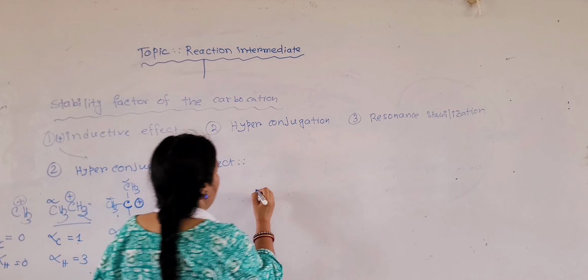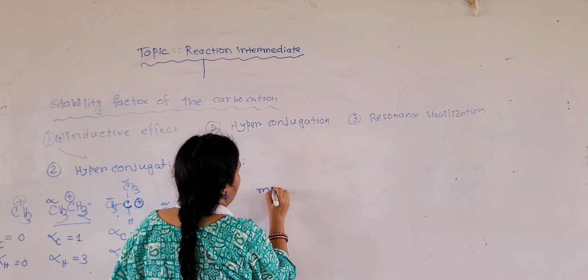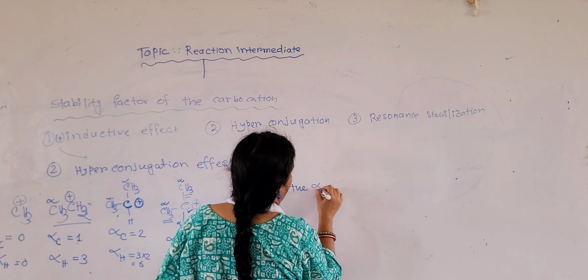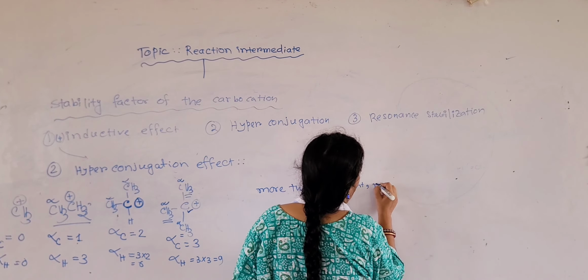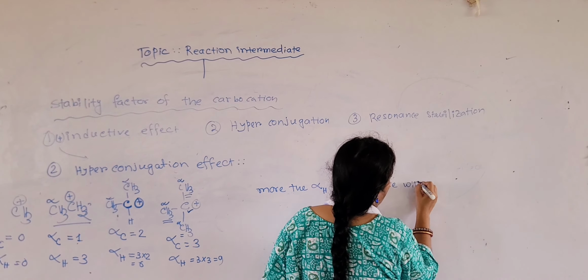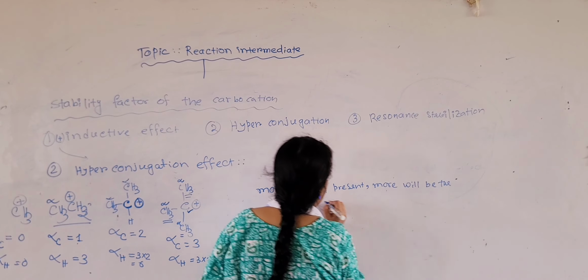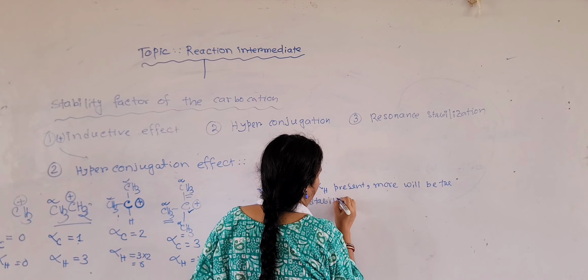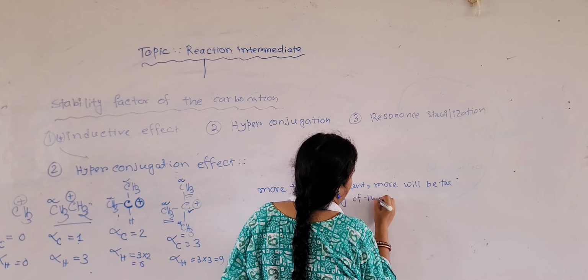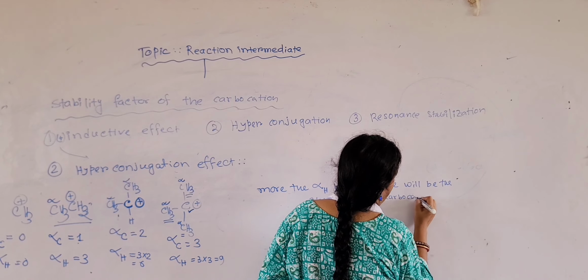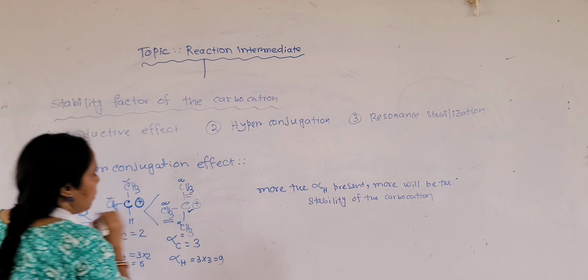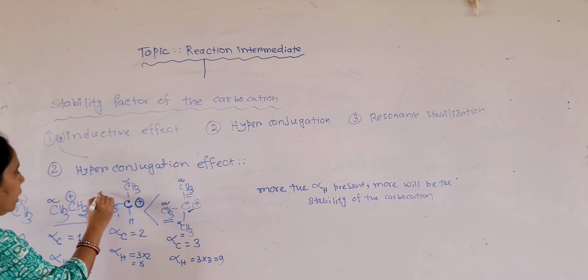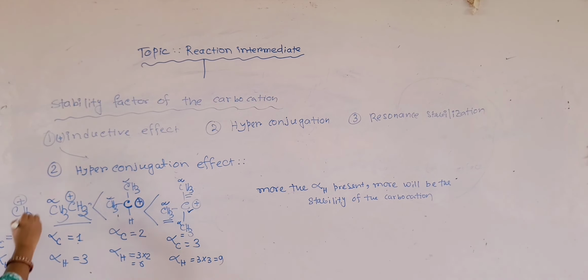So the rule is: the more alpha hydrogens present, the more will be the stability of the carbocation. Based on this, the tertiary carbocation is the most stable, then the 2 degree isopropyl, then ethyl, and this is the methyl cation.